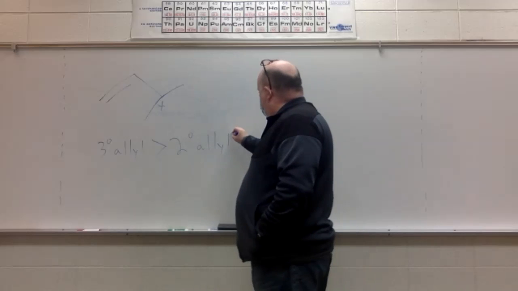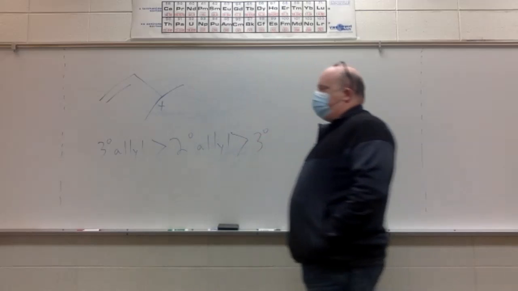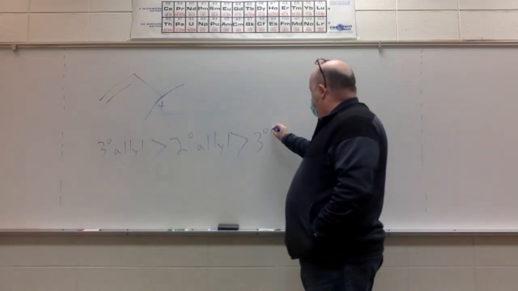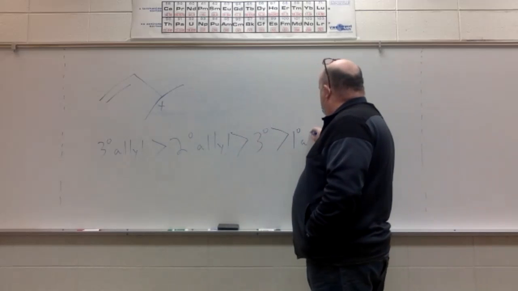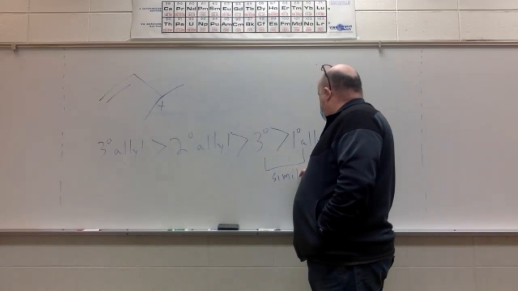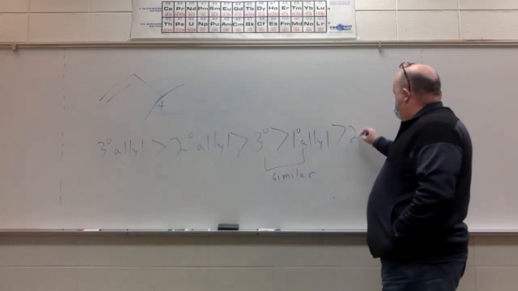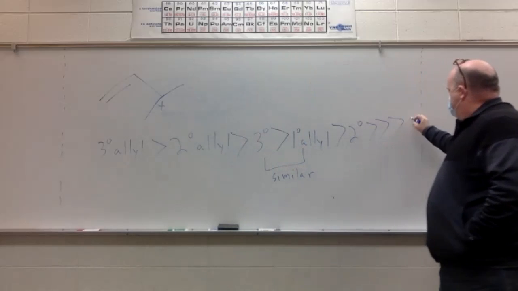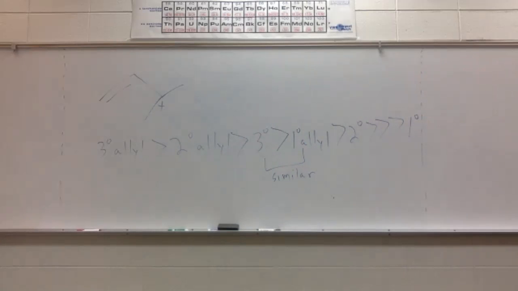I do believe from memory that tertiary non-allyls are a little bit more stable than primary allyls. They're pretty similar though. And then secondary, and then way back to your primary. So make a little addendum, a little update to your existing carbocation stability chart.